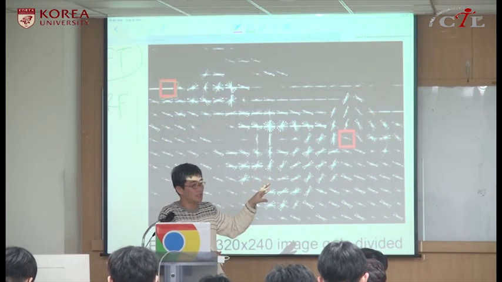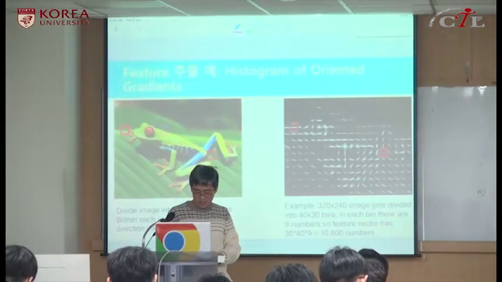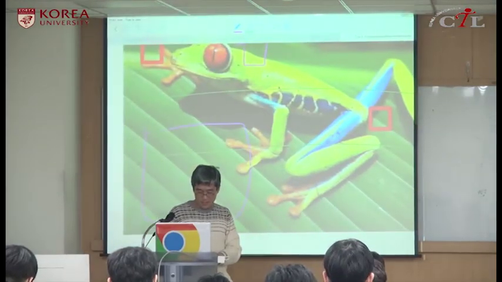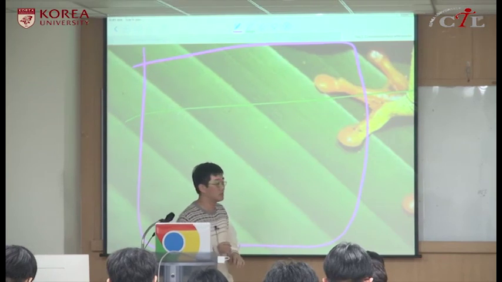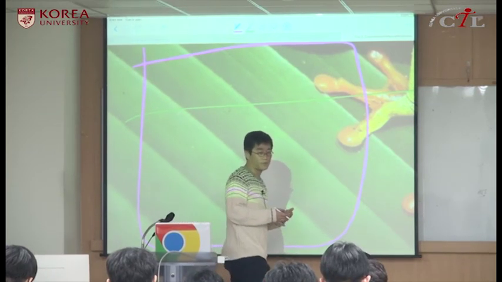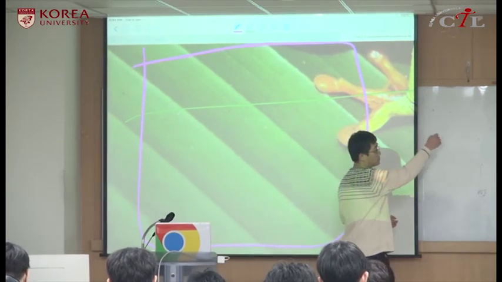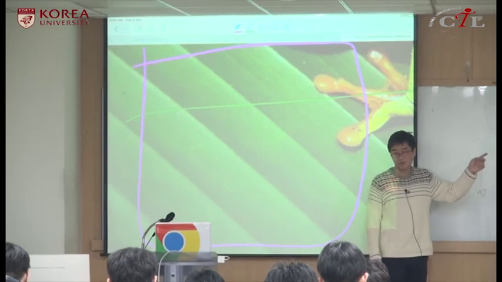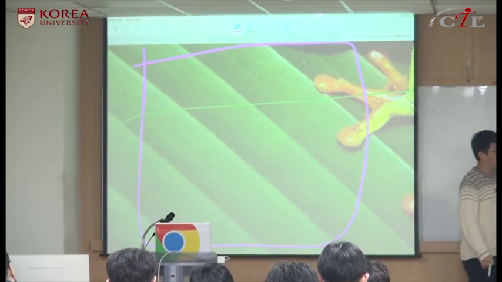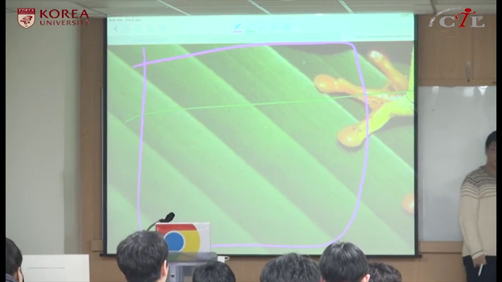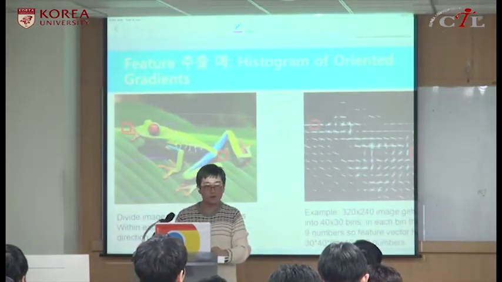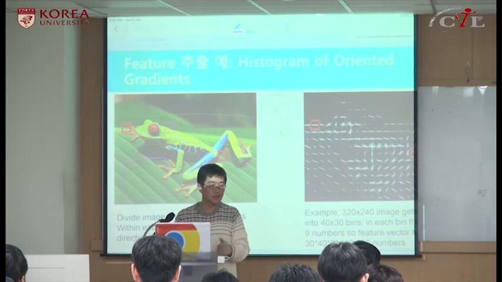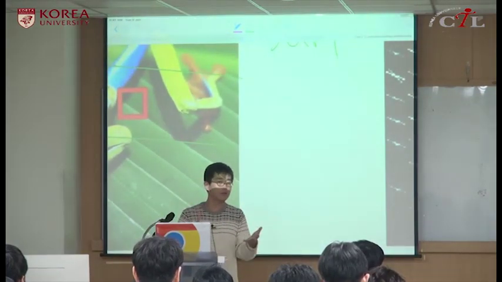this image. Suppose this is our original image. What will be the statistic or the histogram of our gradient? If we think of a regular grid on this image, all the gradients will be pointing in this direction. Let's discretize this gradient in terms of its direction.